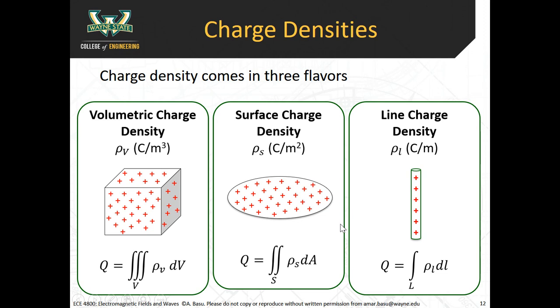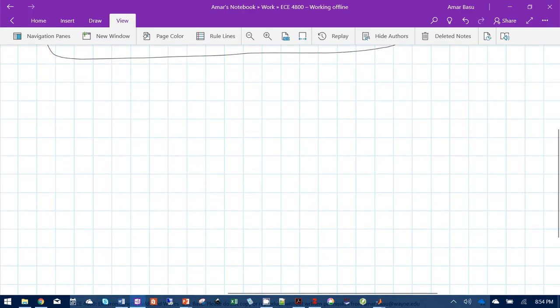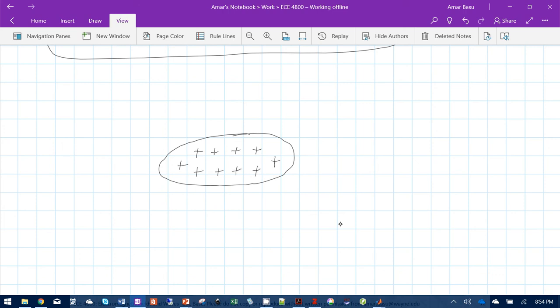They point upwards, right? They point away from the charge. So if you have a disk that has a bunch of positive charges here like this, the electric field lines will point away from it like this.